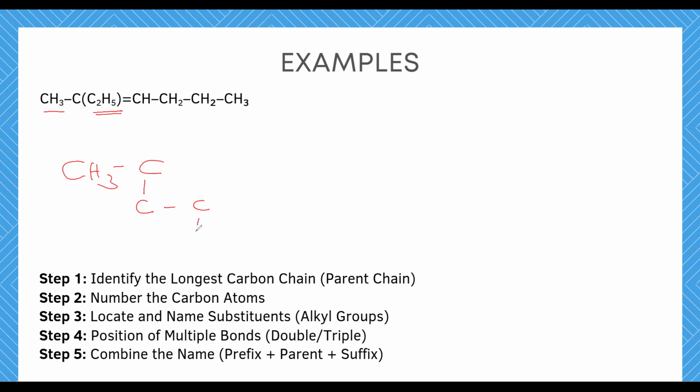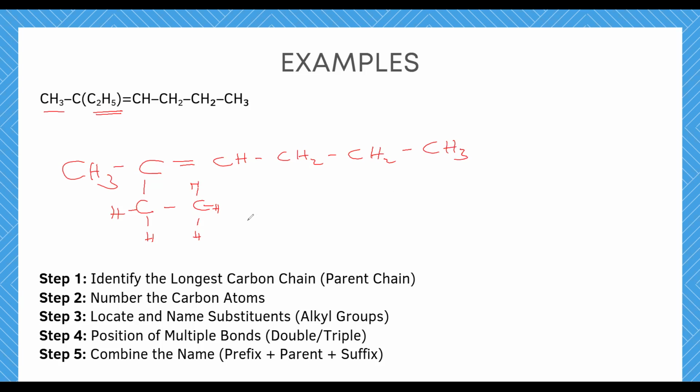Five. One, two, three, four, five. Are you there? Yes, sir. What is next now? Double bond. Thank you. So I have CH, CH2, CH2, and then CH3.